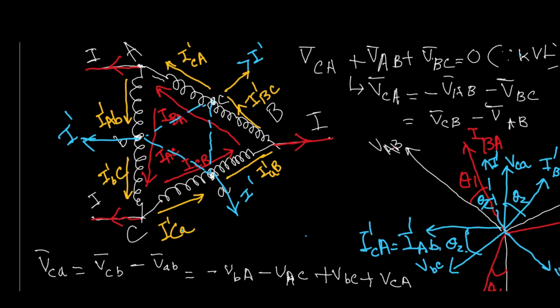Then it should be VBC. Then what it is? It is VCA. Well, so these two, VBC and V, these will cancel out. Fine. Now, what are we getting?